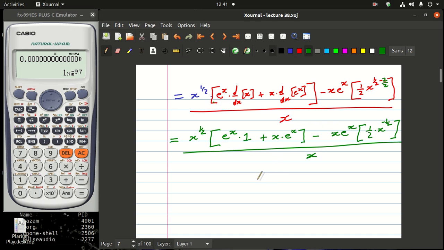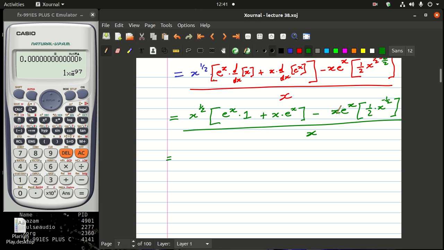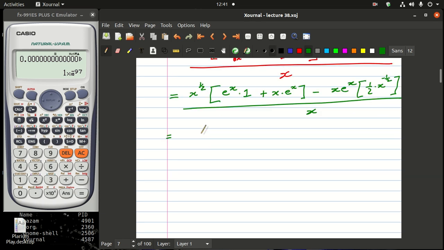So basically here, if you can notice something, let me first simplify this and make sure that it actually looks nicer. If you look into this part here, this part is just x raised to 1 over 2, and then inside I have e to the power x.